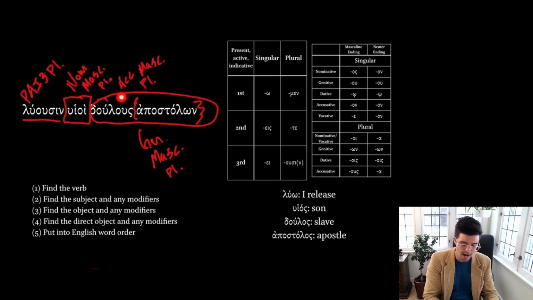And notice here that I have circled this entire grouping of words. Whenever I am marking a sentence, I circle the object of the sentence. And because apostolon is modifying this object, I've encircled the entire thing insofar as the whole accusative phrase here is the object of the sentence.